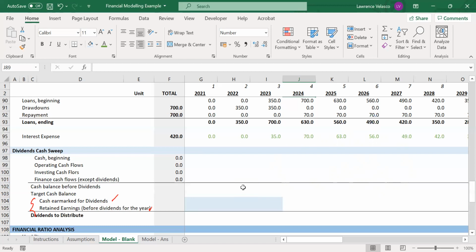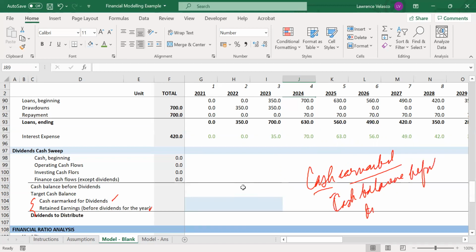Okay, so for us to be able to get the cash earmarked for dividends, ano ang formula niyan? The formula is the cash balance before dividends minus the target cash balance.